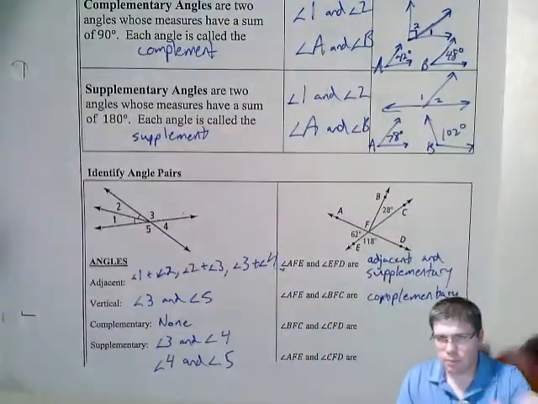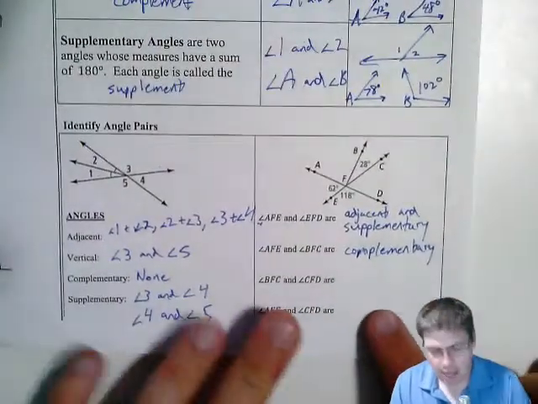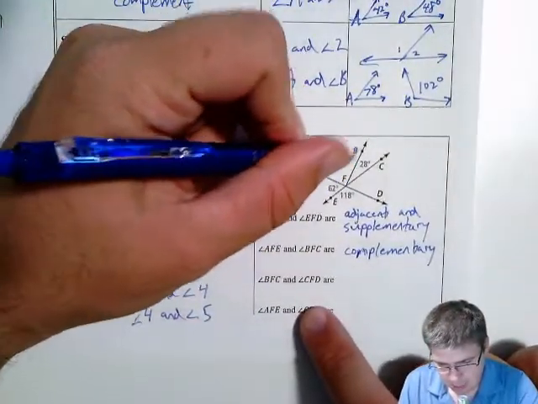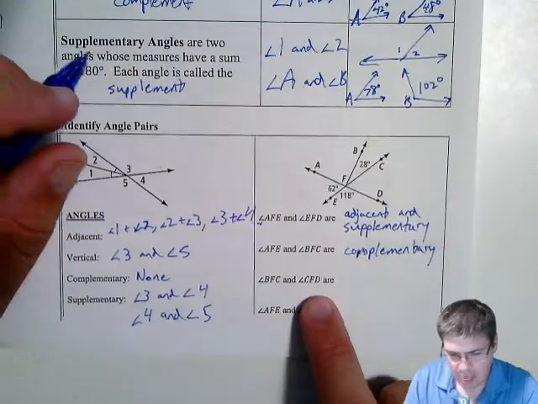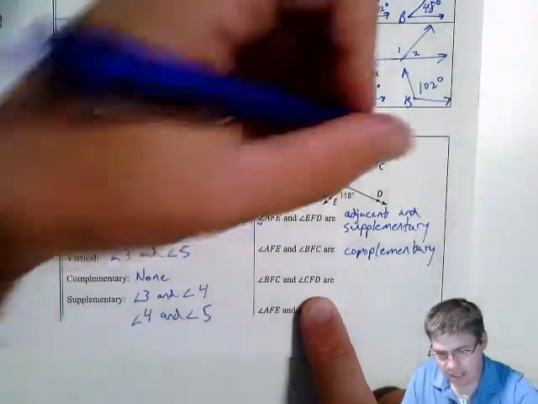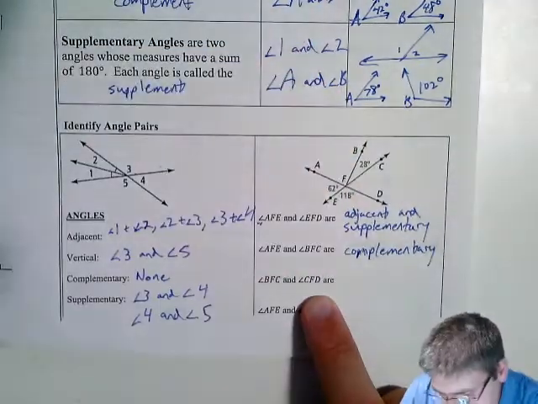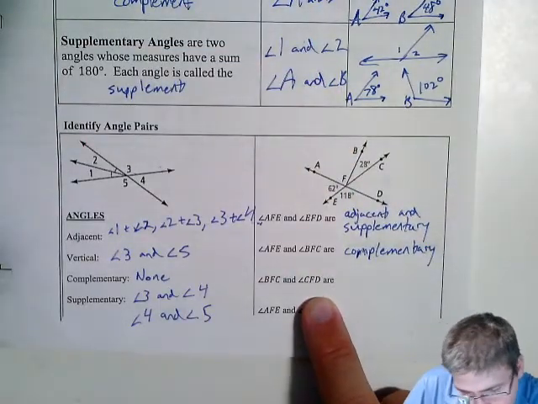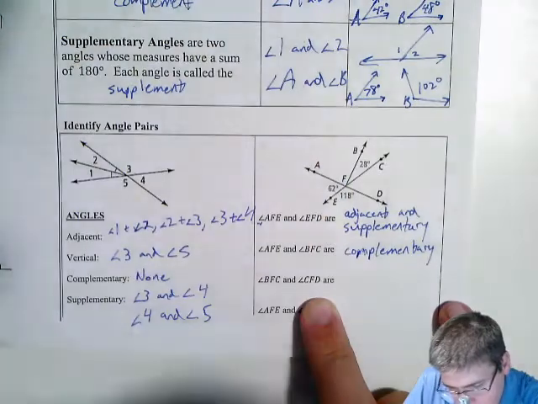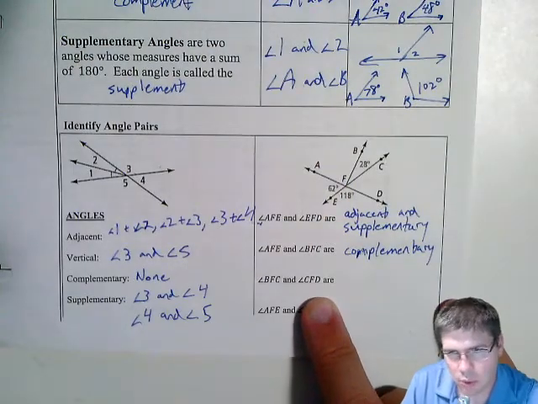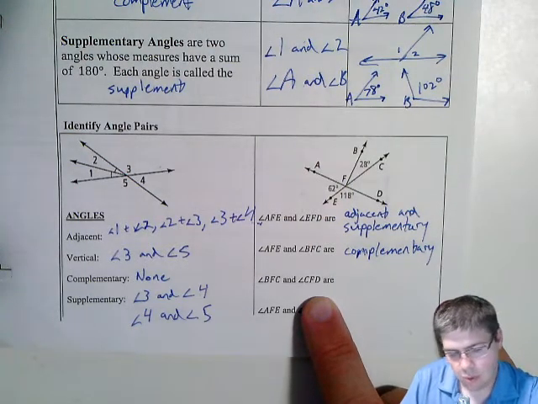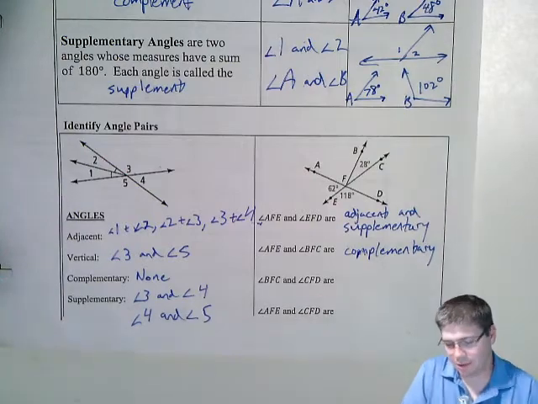Next example, we've got angle BFC, this 28 degree angle, and CFD. It's hard to eyeball. It looks like a right angle, but can we be sure? So what we need to do here is use another feature to figure this out.